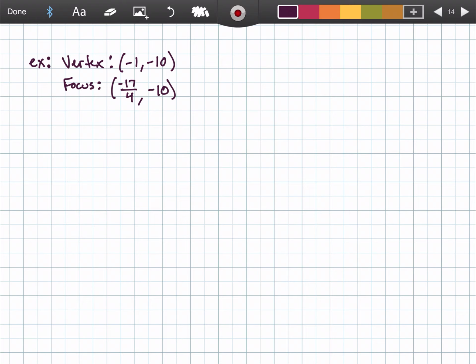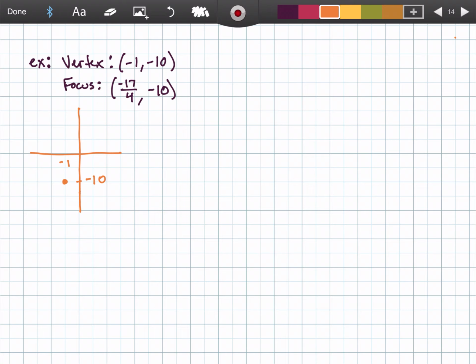Which way does it open? What is the vertex? What is the value of p? Well, let's sketch it out. I know that my vertex, let's call that -1, and that can be -10. There's my vertex.